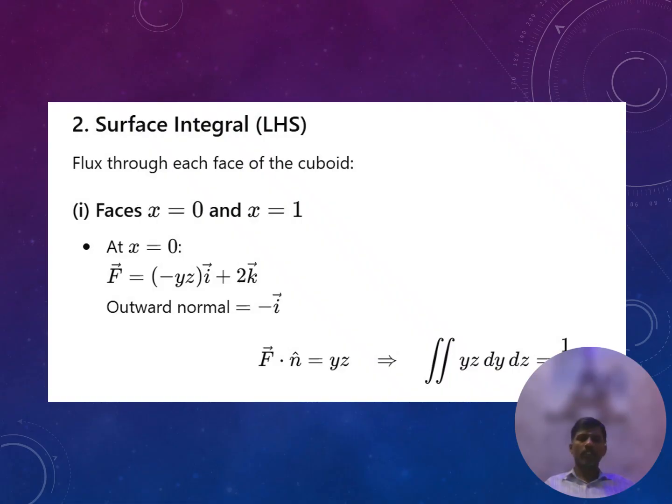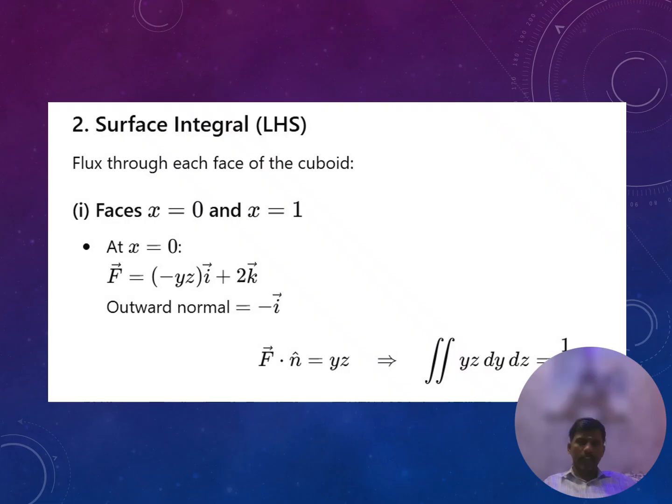Next, second step, the surface integral. On the left hand side, the flux passes through each face of the cuboid. The first face is at x equal to 0 and x equal to 1.